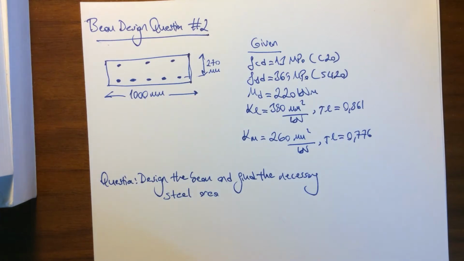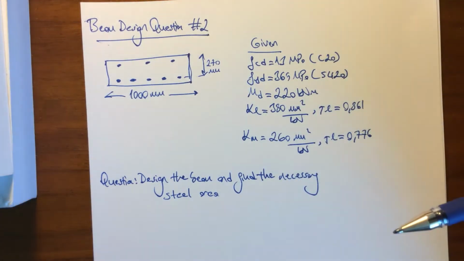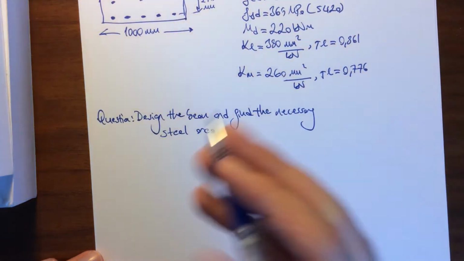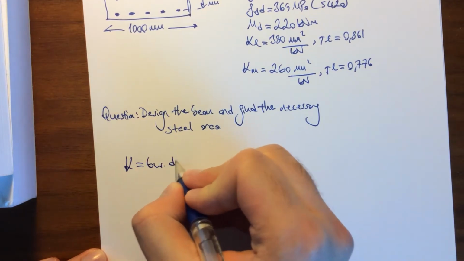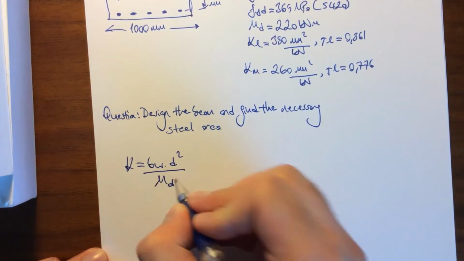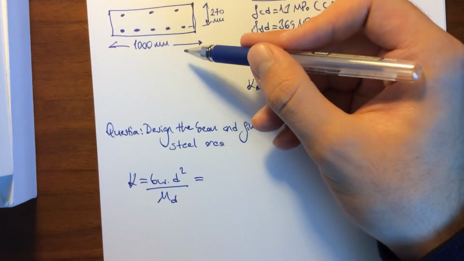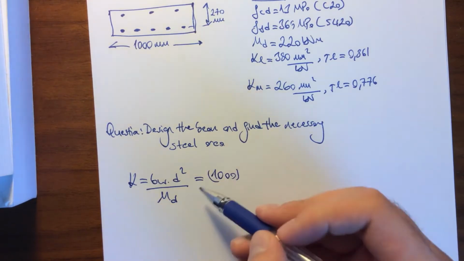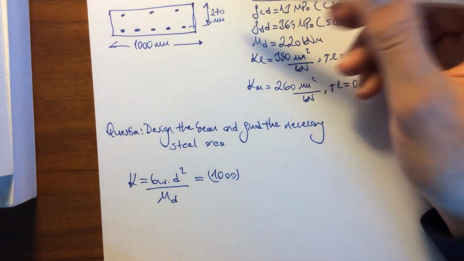So, as the first part, in order to understand if we need single reinforcement or double reinforcement, we need to calculate our K value. We have formulated our K value as BW D squared divided by the design moment. BW is given as 1000 millimeter in this question. I'm directly putting that over here. D is provided as 270 millimeters.